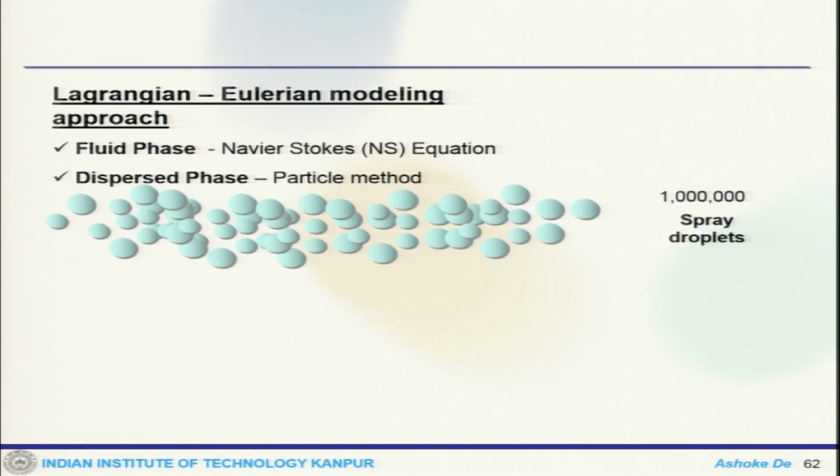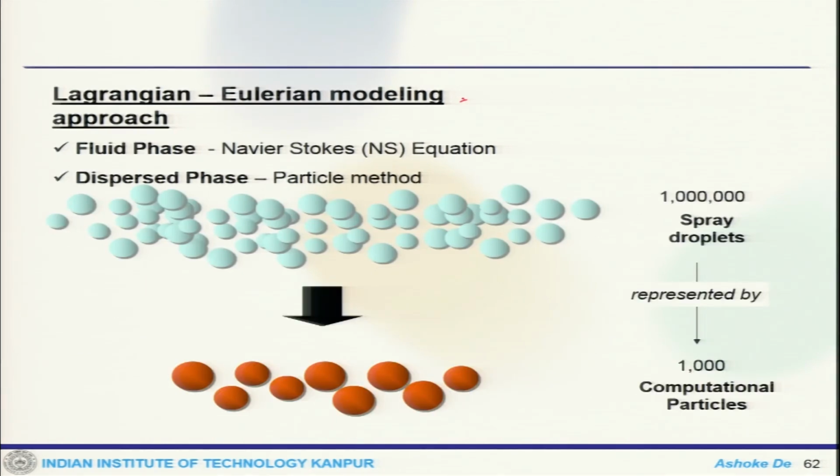Now, you can have Lagrangian Eulerian modeling, where the fluid phase or gas phase is solved in the Eulerian framework, and the liquid part is solved in the Lagrangian framework, where we track the particles. Obviously, it becomes important, just like in transported PDF calculation, that you have so many particles to be tracked within the computational cell.